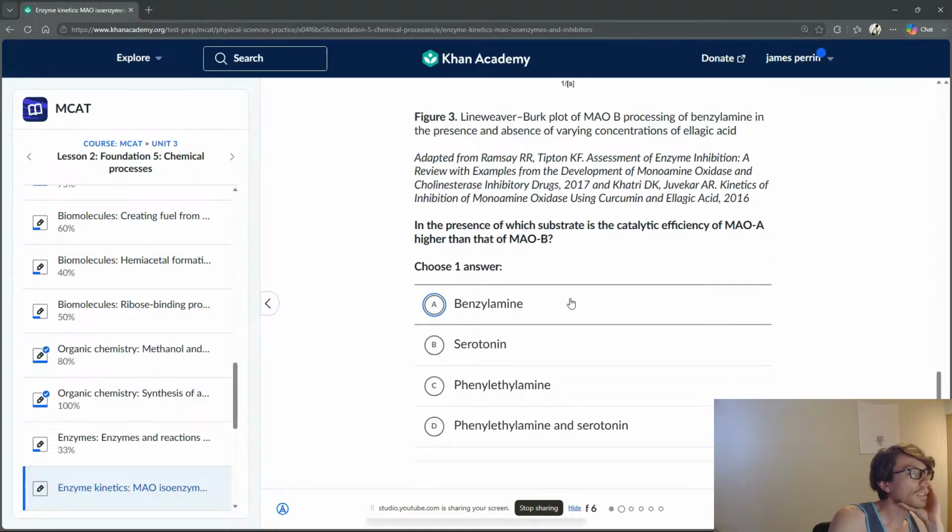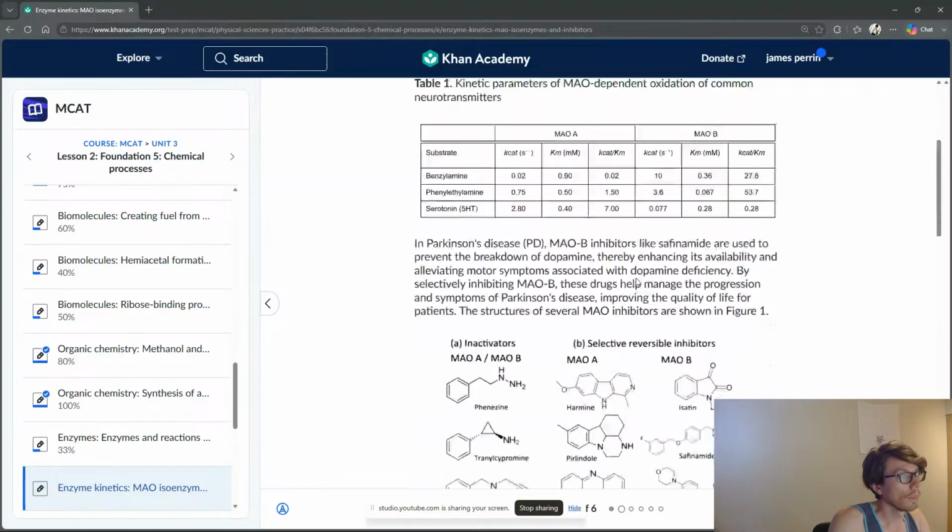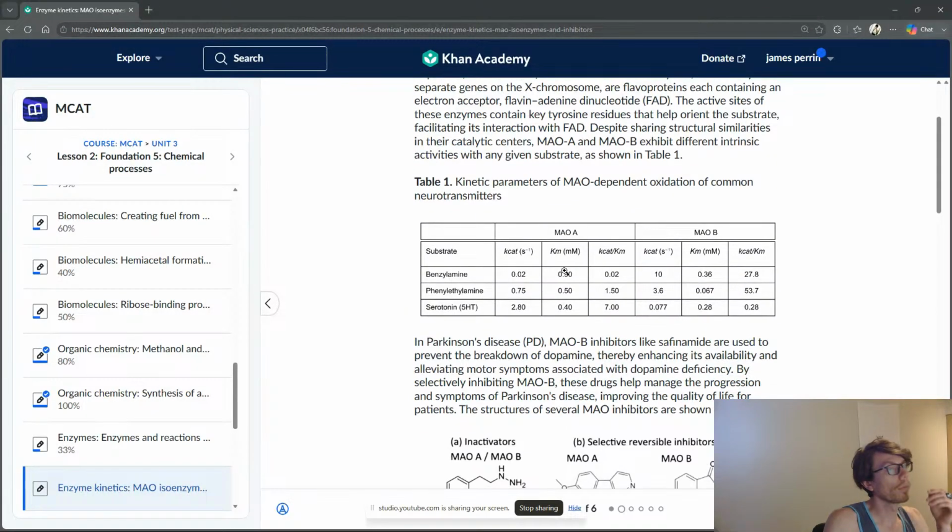In the presence of which substrate is the catalytic efficiency of MAO-A higher than that of MAO-B? Okay. So if we're still playing it by the low value, this is going to give us a small number. It's going to give us 0.02, 0.75.